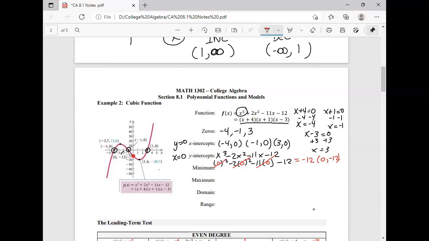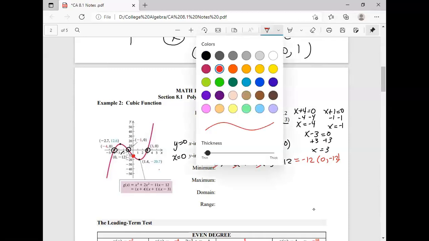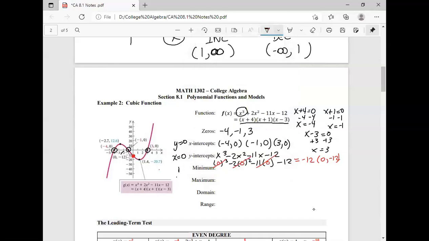This thing has both a minimum and a maximum, but they are just relative minimums and maximums, because this graph goes on forever down this way and forever up this way. They gave us what the relative maximum is here. It's -2.7, 12.6.